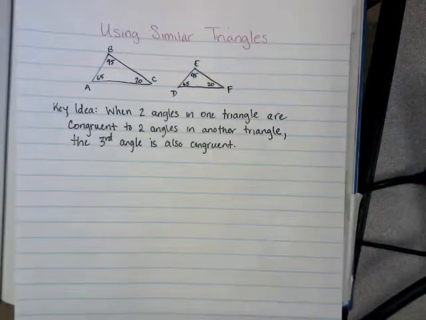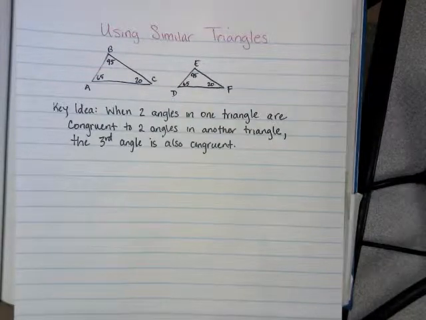So if you're looking at two triangles and two of the angles are the same, the third one must be the same.